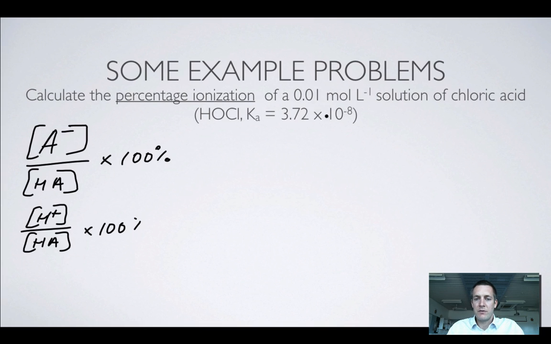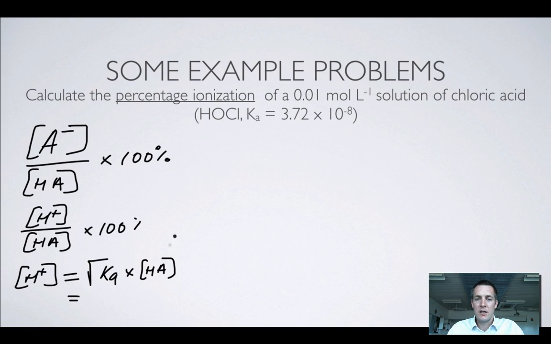Right, I've got the Ka. What can I do with Ka? Well, I can find the concentration of H+, because remember that if Ka equals the H+ ion concentration squared divided by HA, then the concentration of H+, as we showed on the previous slide, is equal to the square root of the Ka multiplied by HA.